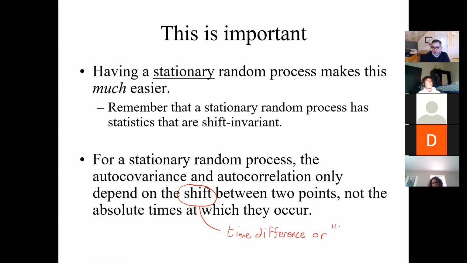Or a term we will use, and that MATLAB uses when you compute this thing, is the lag. So it doesn't matter the absolute time at which they occur. It only matters how far apart two things are.